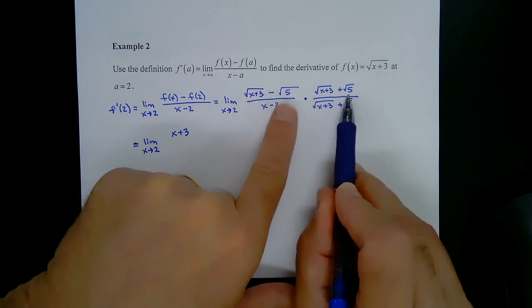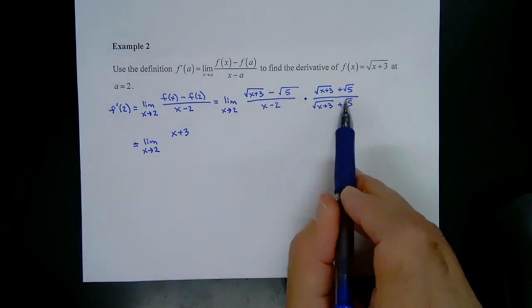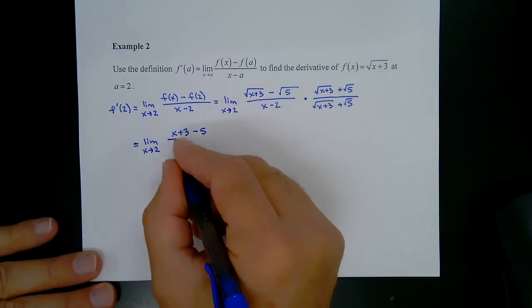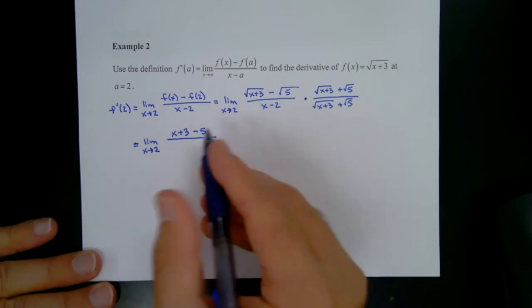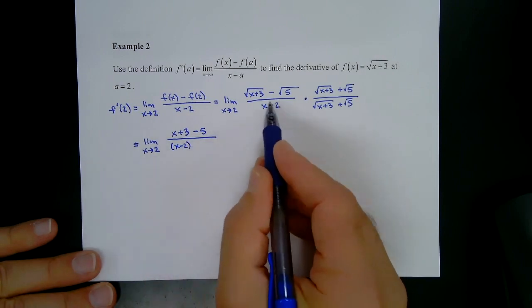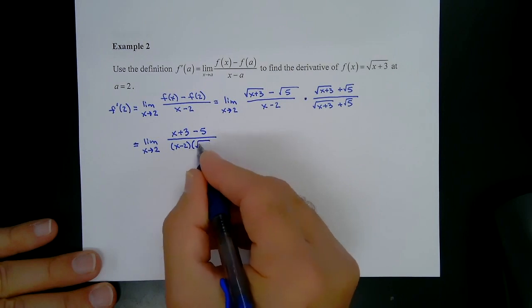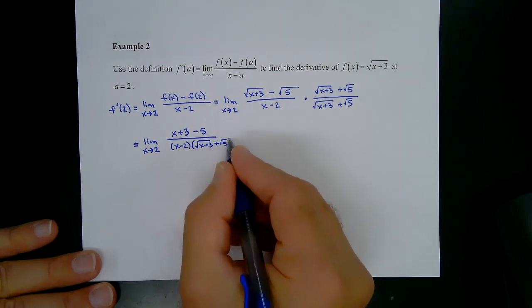Okay, and then you're going to be left with negative square root of 5 times positive square root of 5. So that's negative square root of 25, which is 5. So we're going to subtract 5 over, and here we're not going to want to multiply this out. We're going to have x minus 2, that quantity right there, times this quantity, so times the square root of x plus 3 plus the square root of 5.